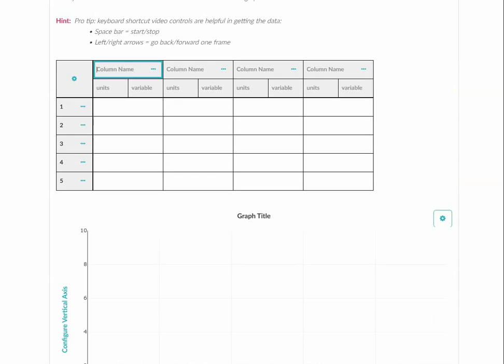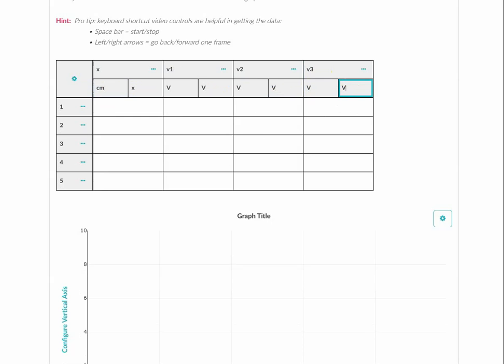And here, if you name your columns like x centimeters, x, I'm going to use my names, V1 volts, V2 volts, V3 volts.